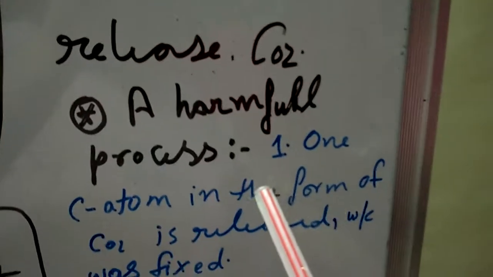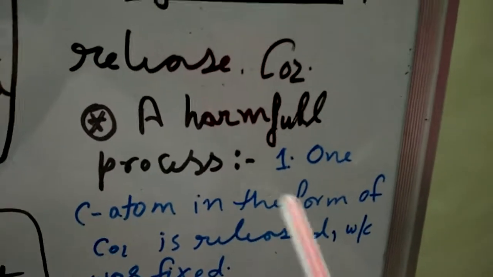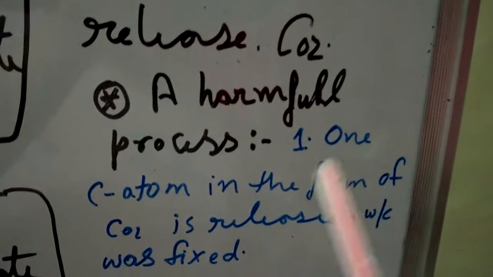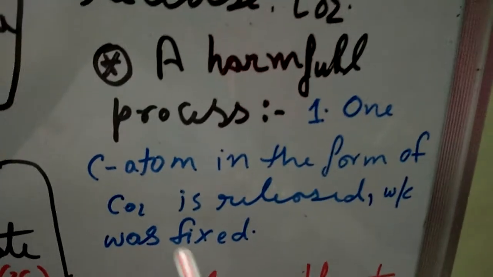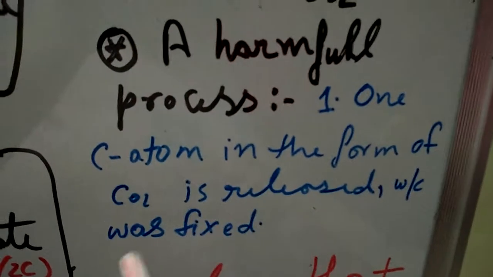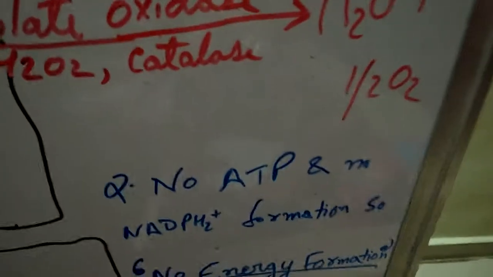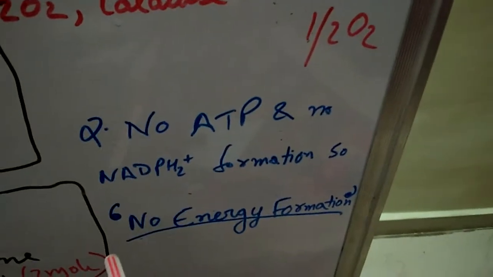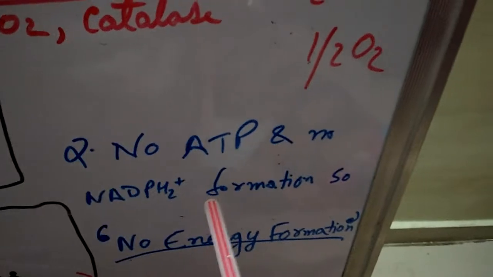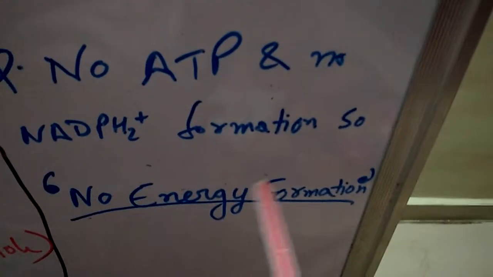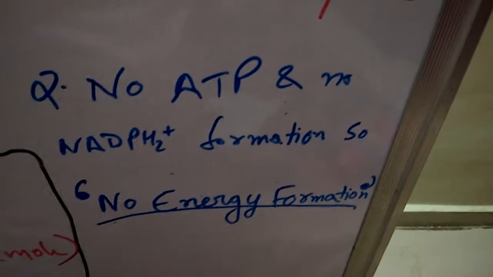Fixed means converted into glucose molecule. But this fixed carbon atom is released in the form of carbon dioxide, which is not a good thing for a plant. The second reason for its harmful nature is no ATP and NADPH2 plus formation. So no energy formation at all during the process of photorespiration.